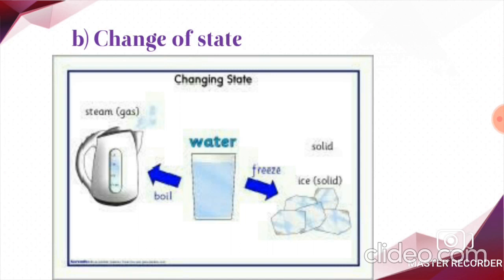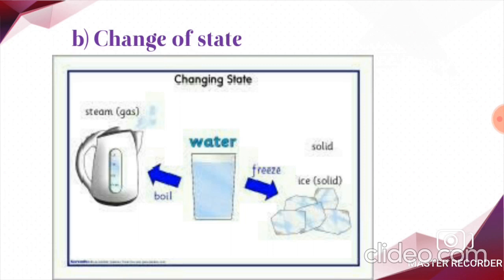Children, here steam is the gaseous form of water. So liquid water changes to solid ice or gaseous steam due to the change in heat. When you remove heat from water, it changes to solid ice. When you add heat to water, it changes to gaseous vapor. That's why change of state is one of the physical changes and it is due to the effect of heat.